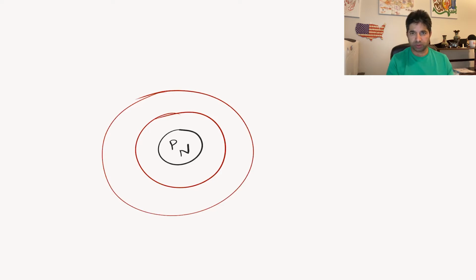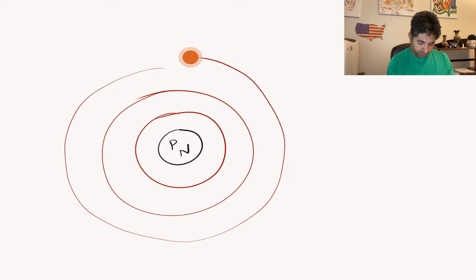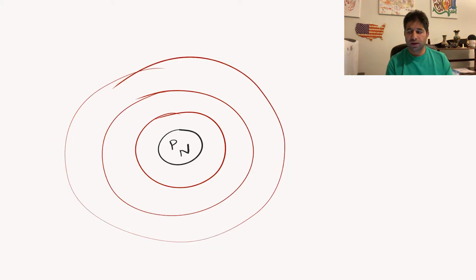Electrons don't orbit or revolve around the nucleus, but those shells are the probable places where electrons can exist. So at different energy levels, there are places where electrons can exist, and those places are called shells. Some are closer to the nucleus, and some are away from the nucleus.